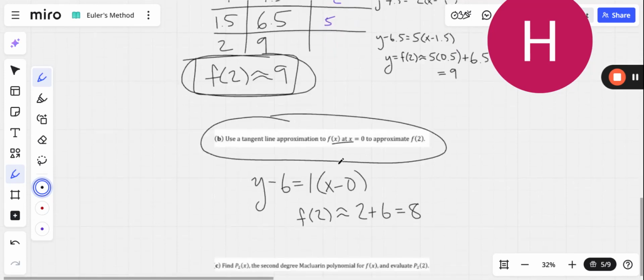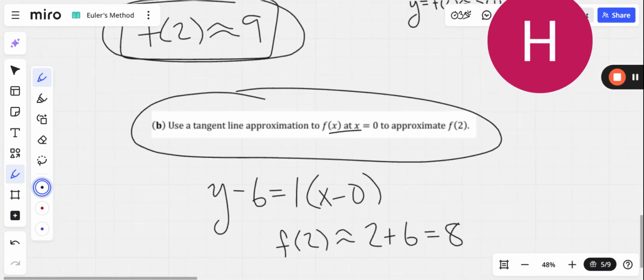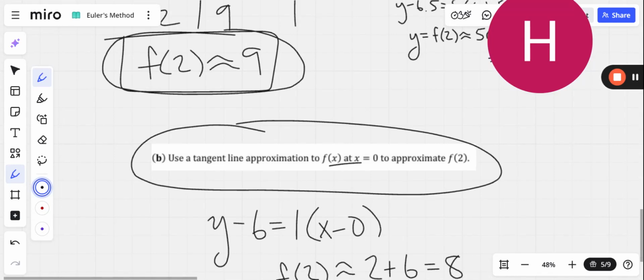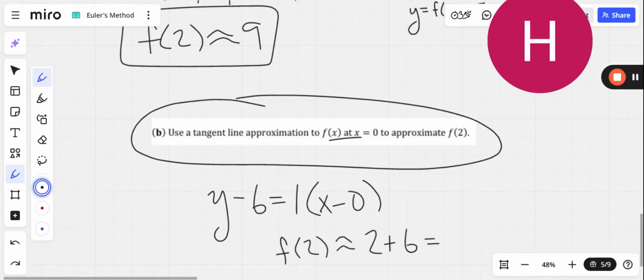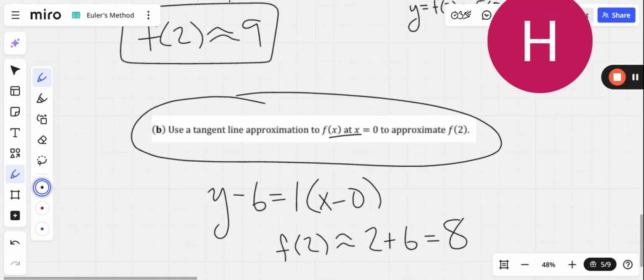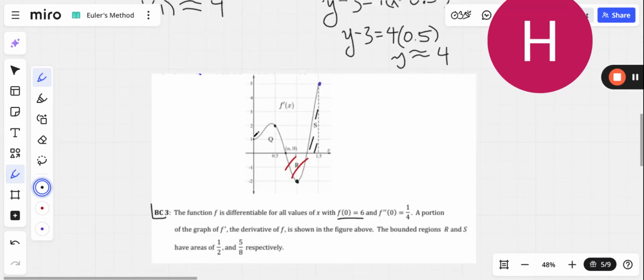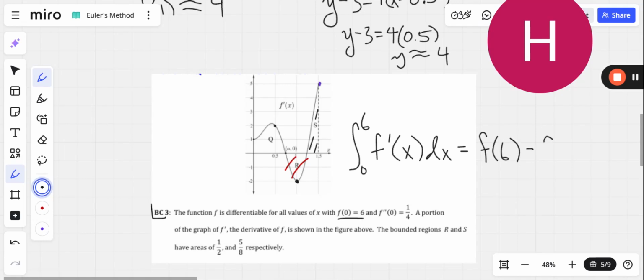What is the true value of f of 2? Now I'm not sure because we don't have an exact graph. In order to figure out what the true value is, I would have to be able to integrate this and use the fundamental theorem of calculus and say that basically the integral from 0 to 6 of f prime is equal to f of 6 minus f of 0.